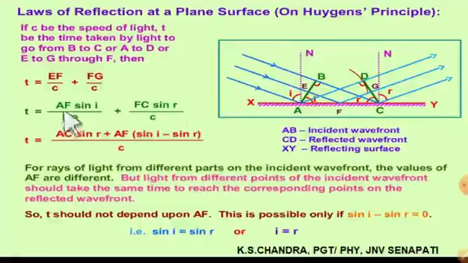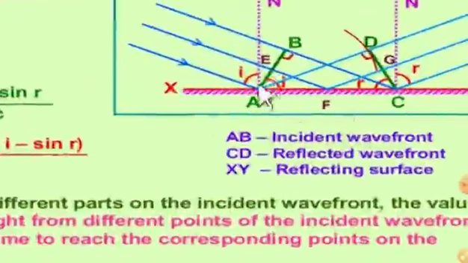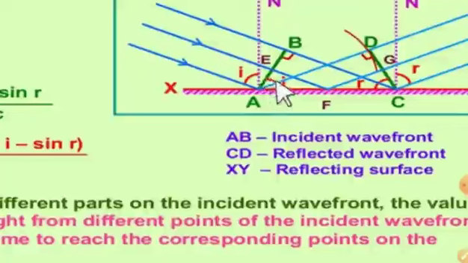But how? Let's see. From this right triangle AEF, sine of angle of incidence i will be equal to what? Perpendicular is EF, hypotenuse is AF, right?